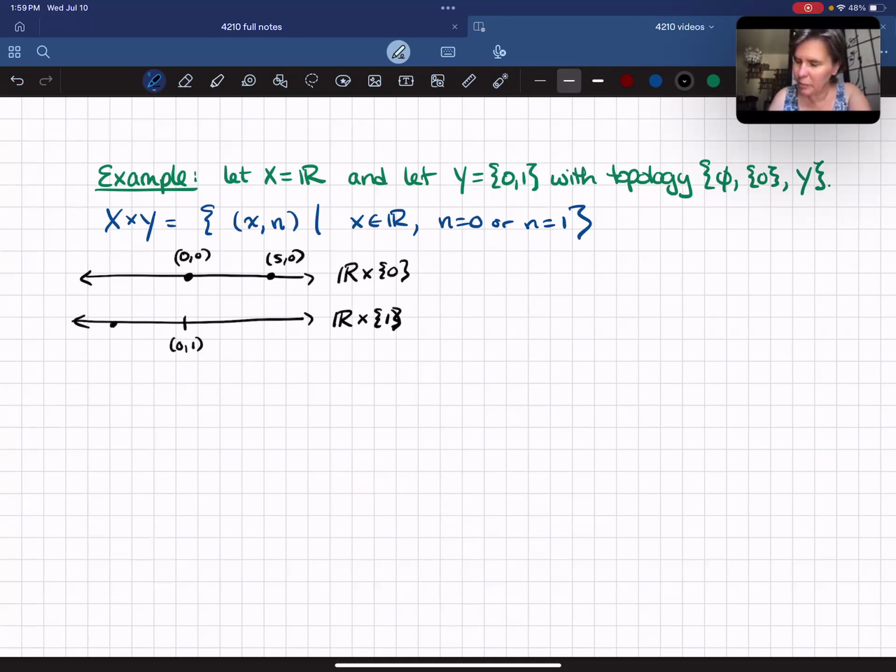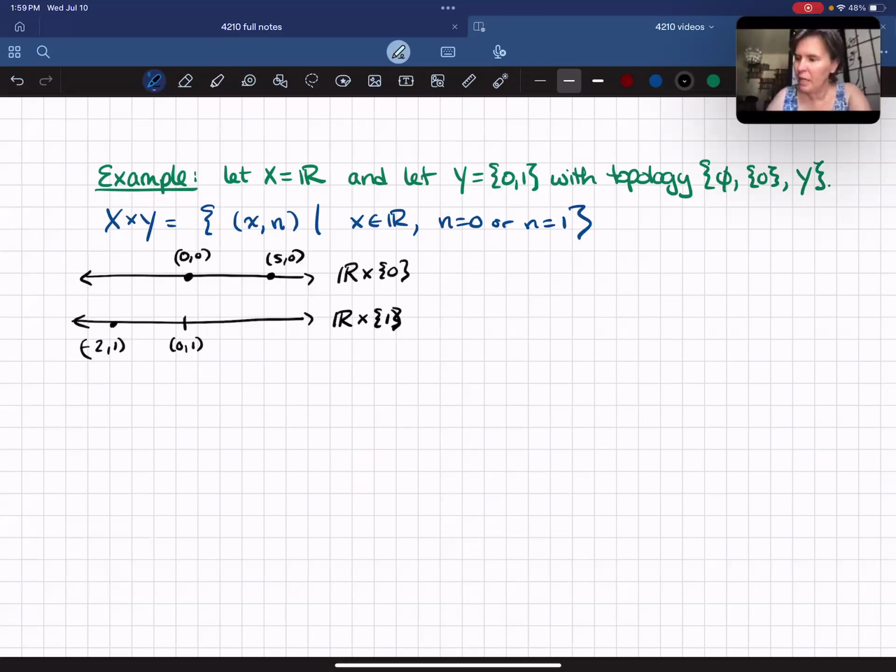Over here would be the point (-2, 1). So everything on the top real line is something comma 0, and it looks just like the real numbers, but with this extra coordinate 0. And on the bottom real line, it's all things of the form something comma 1, so ordered pairs where 1 is the second coordinate.